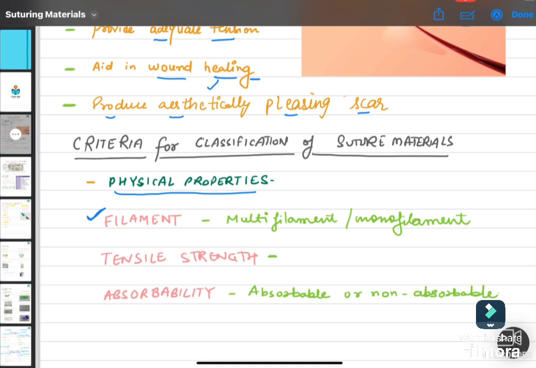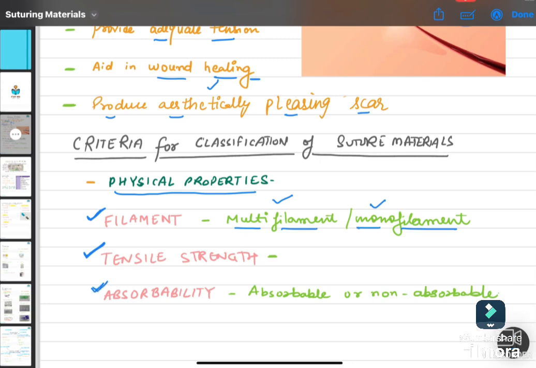Filament is the unit, meaning like multifilament or monofilament. We will further see what it exactly means. Second thing is tensile strength. Tensile strength can be defined as the strength of any suture, or the weight bearing or force sharing capacity of any suture before it breaks down.